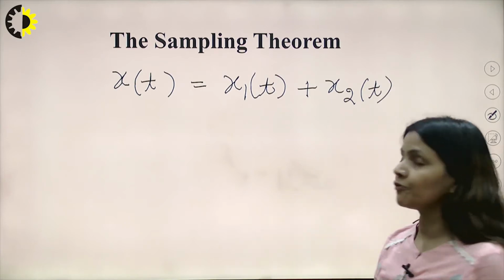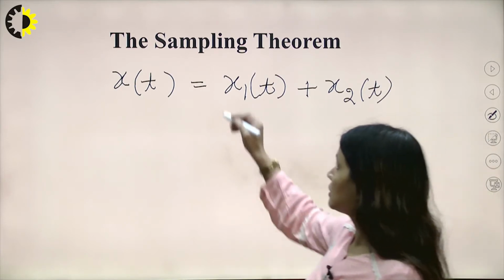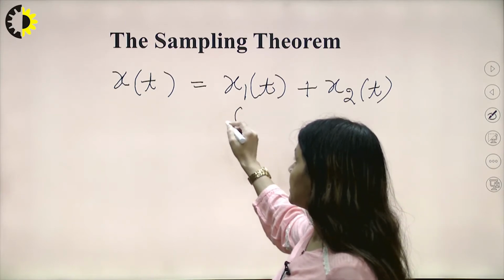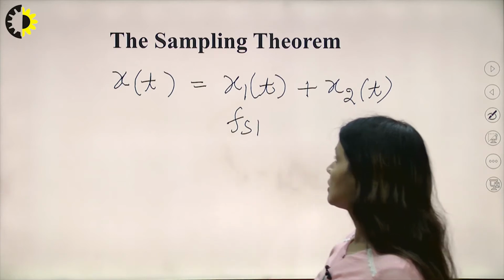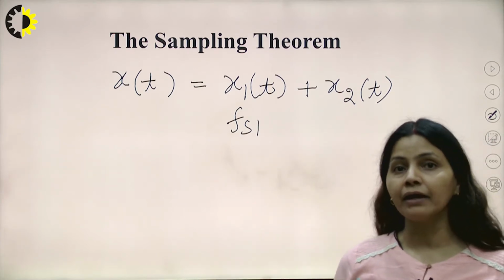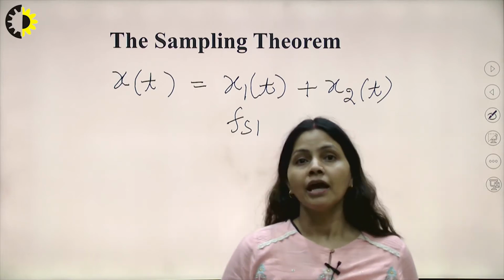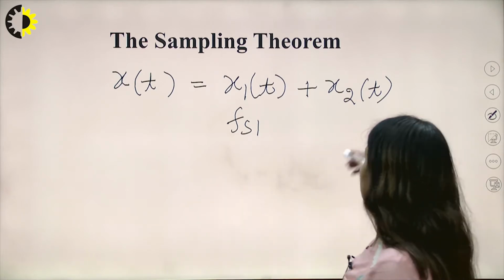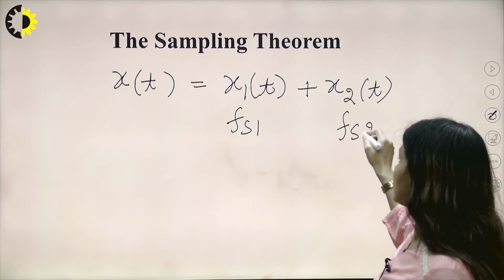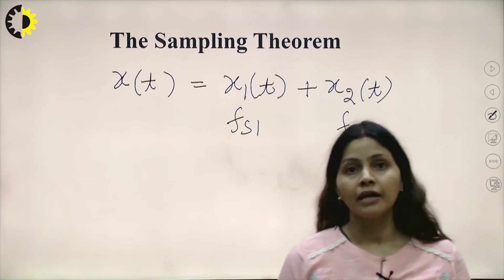The x1(t) can be sampled by some frequency fs1 and this x2(t) can be sampled by some frequency fs2.